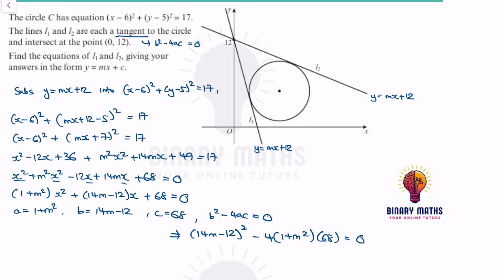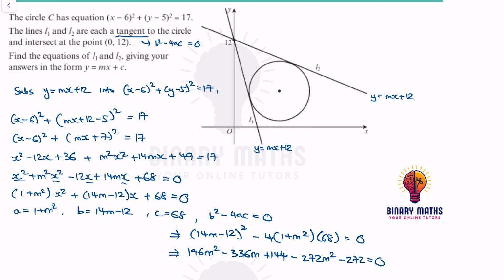Okay, so if I expand this out, I get 196m squared, take away 336m plus 144 minus 272m squared, take away 272 equals 0.